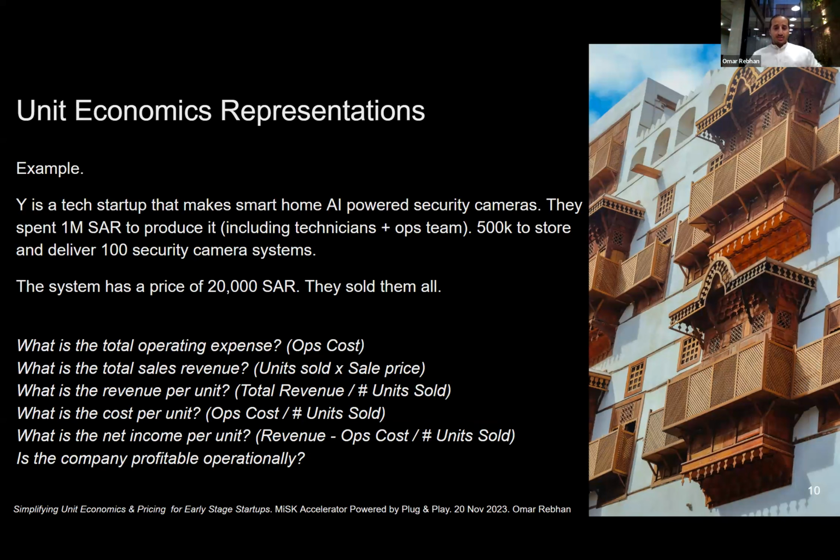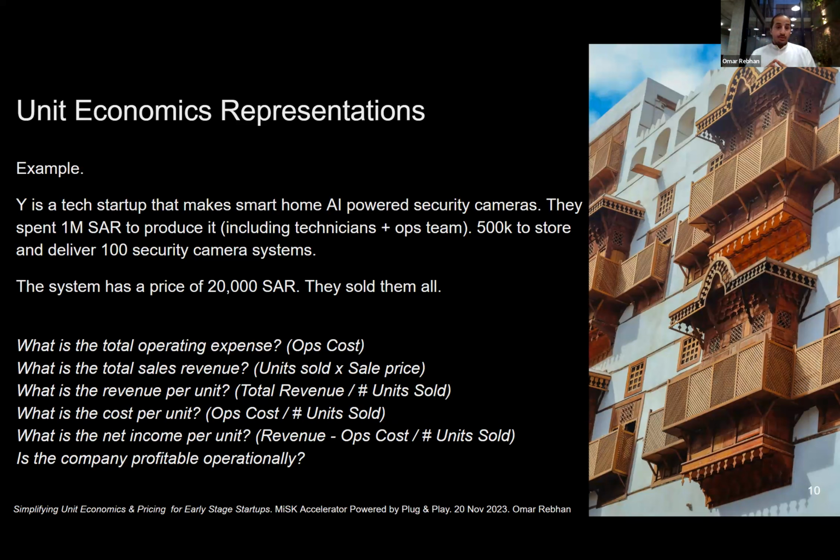I have a list of questions. I'm going to read them, and I want us to think together, and then I'm going to show the answers together, all right? It's no rocket science, but it's just so we can connect on the same logic, guys, okay? So what is the total operating expense in this sense? Basically, you take all of the costs that you see in front of you, how much they spent on this operation before selling it. What is the total sales revenue?